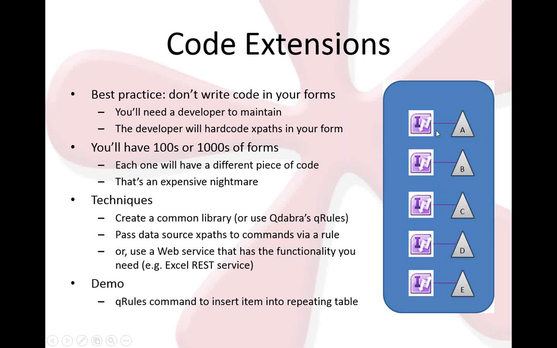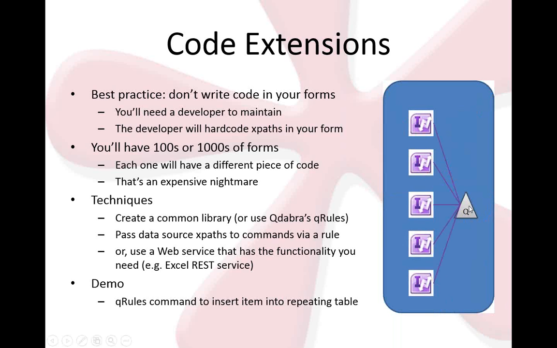The problem with this is that, let's say you change one of these, or you change your form. Well, then you have a dependency here that breaks, and so it's basically a brittle solution, and it requires maintaining all of those different code libraries. So we say don't do that. Use a data-driven approach.